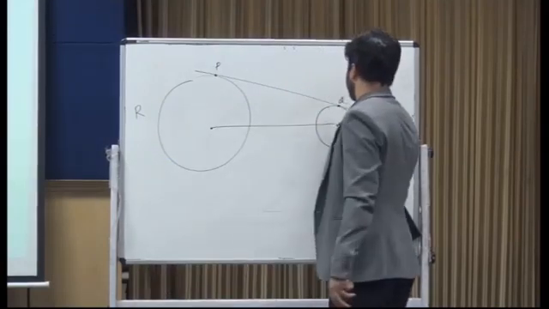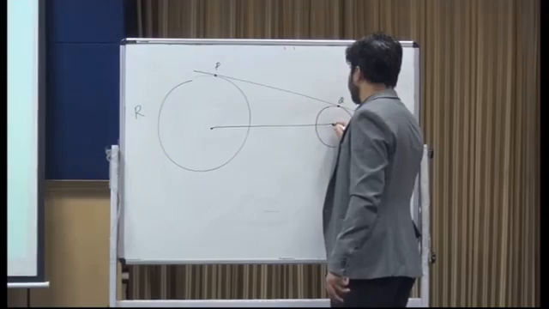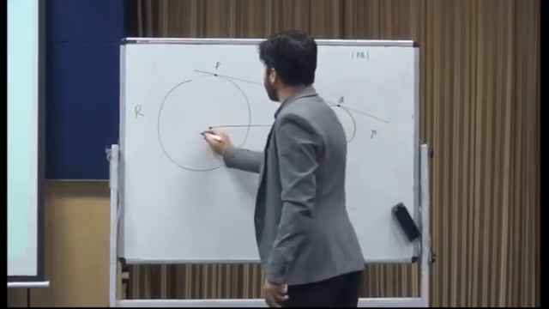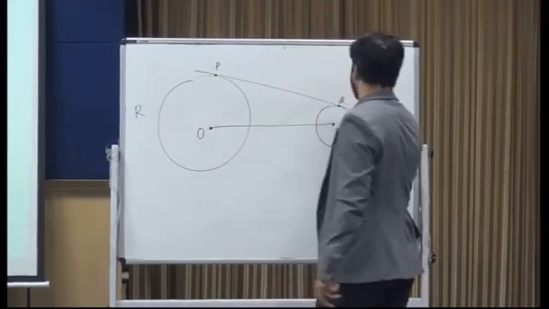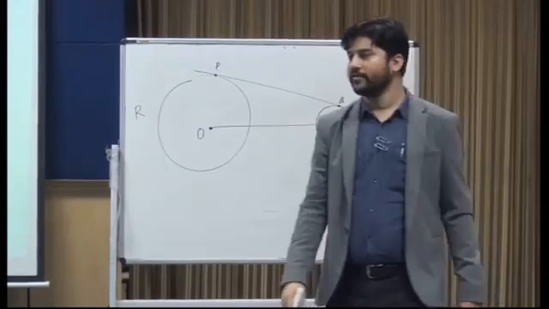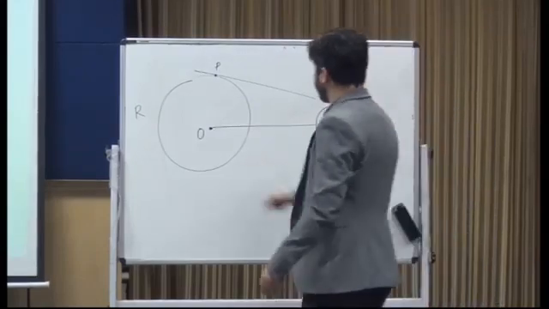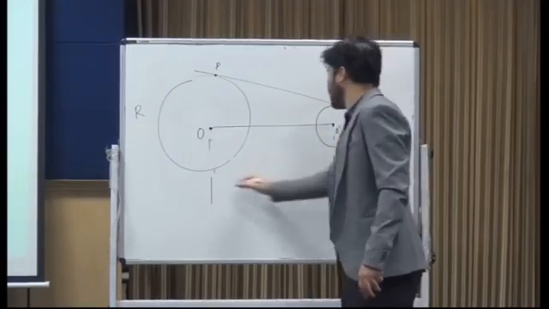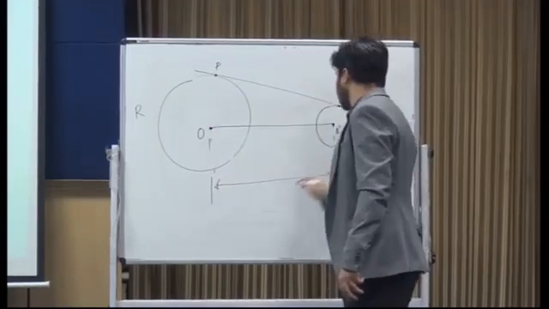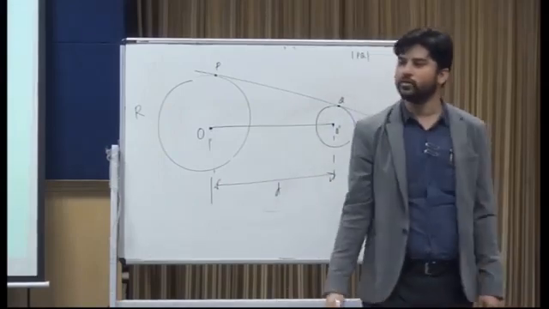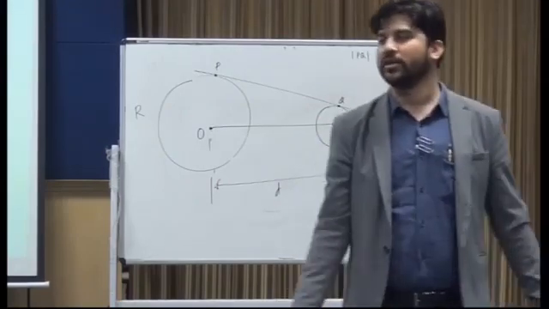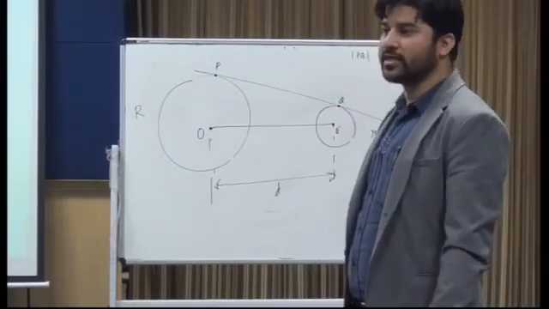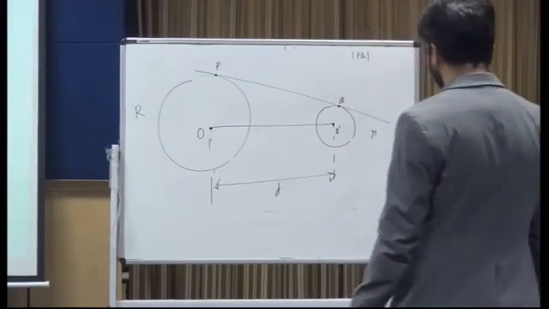Let's say this center is O and this center is O dash, right? And I'm going to call the length between the centers D. You know how to find the distance between two centers? Yes, if the coordinates of the centers are known, you can easily find the distance between them, right?